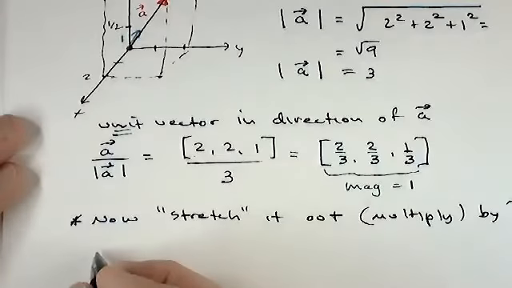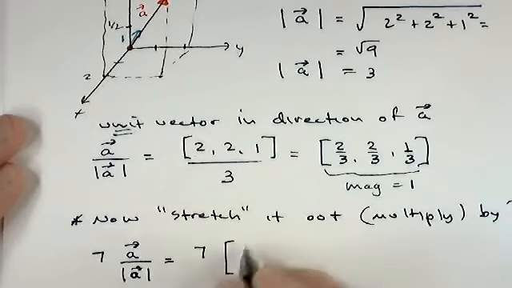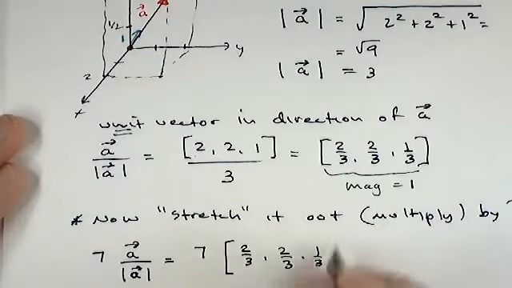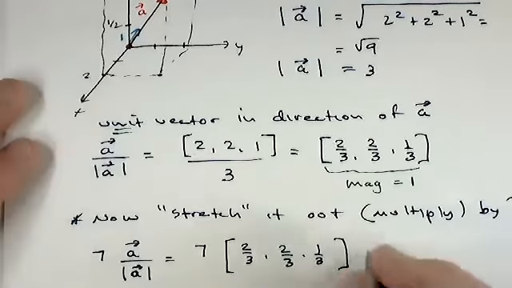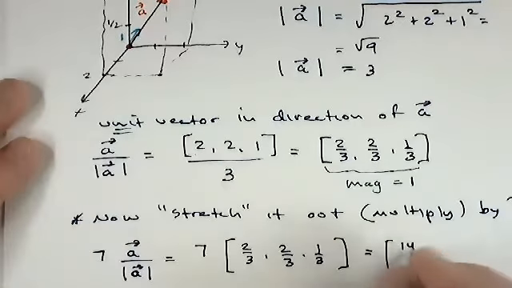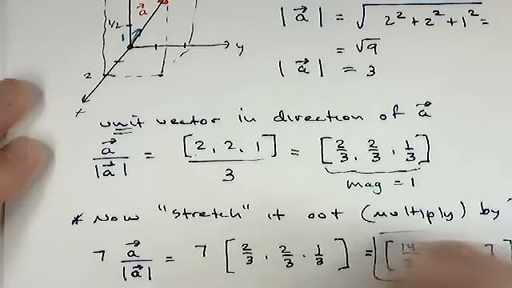And so 7 times my unit vector is 7 times 2/3, 2/3, 1/3. That gives me 14/3, 14/3, 7/3. Now I have the correct direction and length.